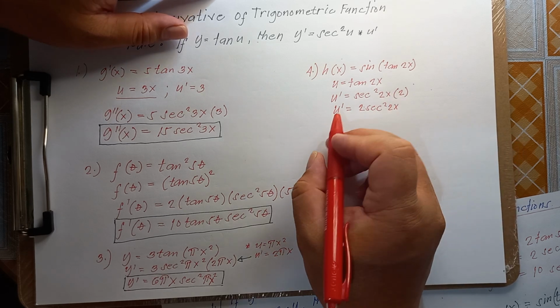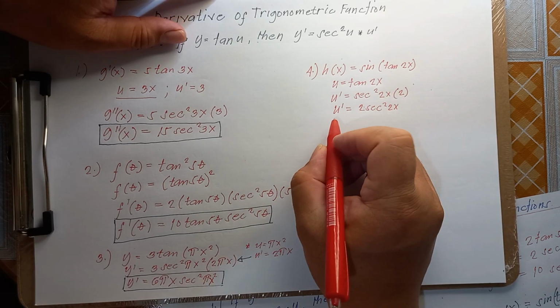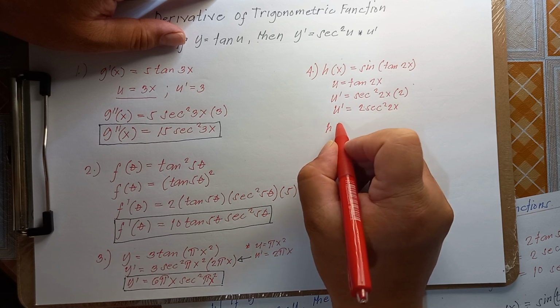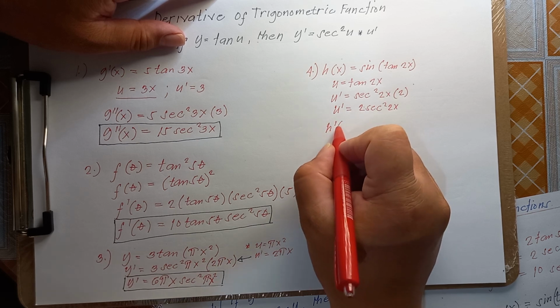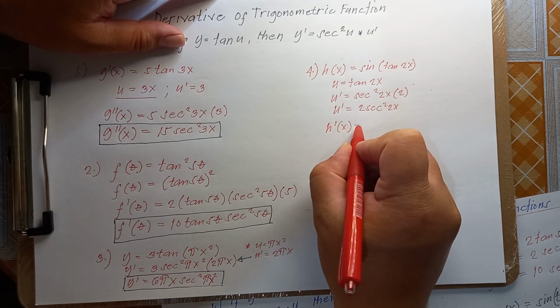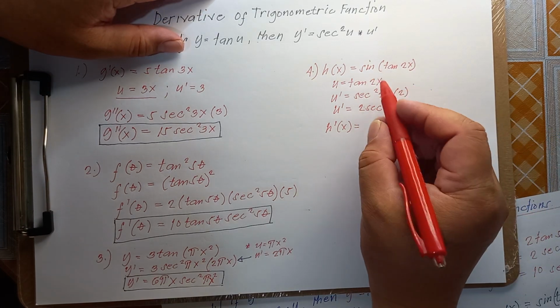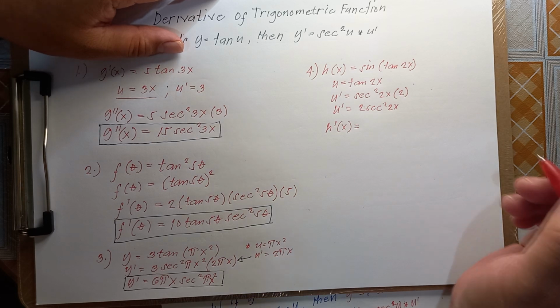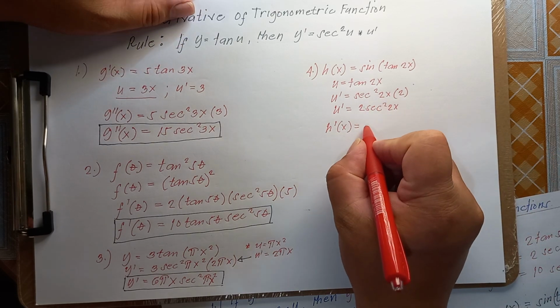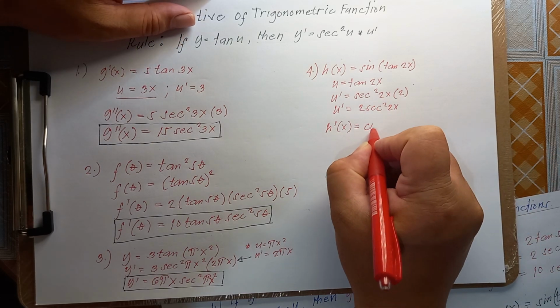Because we are already done with u, now we get the derivative h prime of x. What is our sine? The derivative of sine is cosine.